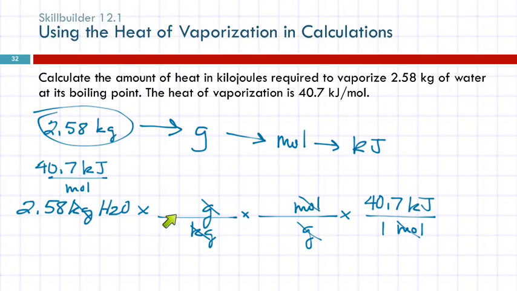Grams to kilograms, we should have a good handle on that by now. Kilo means 10 to the 3. So I've got the prefix kilo on the bottom. I'm going to write what it means on the other side. 10 to the 3. So 1 times 10 to the 3rd grams is the same as 1 kilogram. And then in here, grams to moles, we need the molar mass of water.